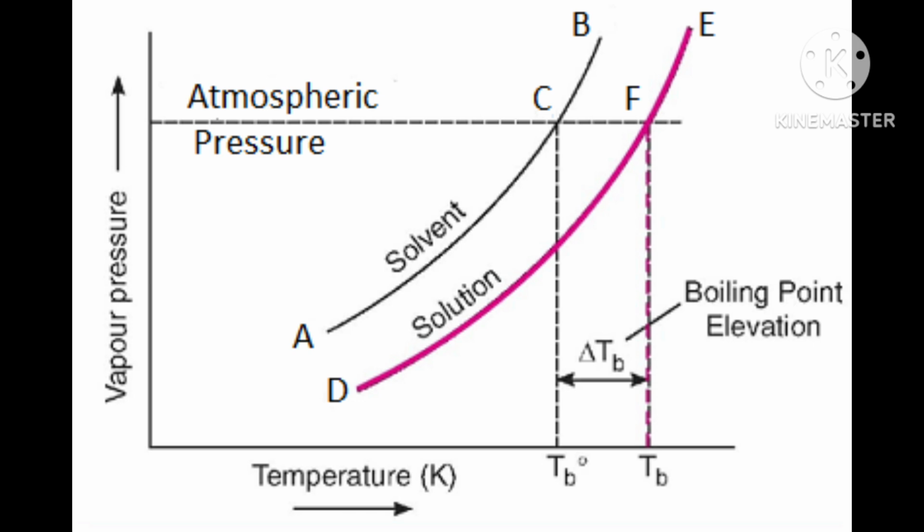Correct? That also you can write the same way, N1 is W1 divided by M1. W1 is the mass of solvent, and M1 is the molecular mass of solvent.